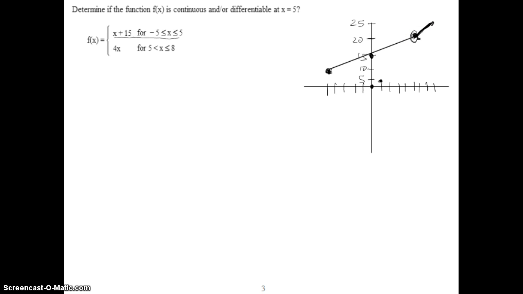Now the question is asking if the function is continuous at x equals 5. Yes, and as you're drawing a line along this graph, you don't have to pick up your pencil at x equals 5 because you've got an open circle on top of a closed circle. So you never pick your pencil up and you continue drawing. So yes, it's continuous.